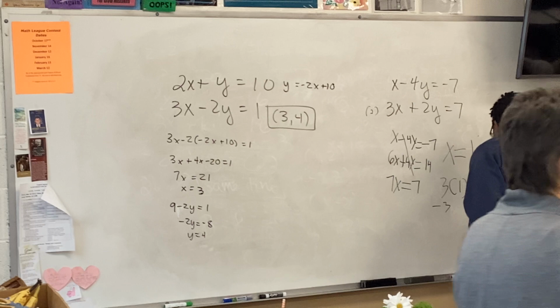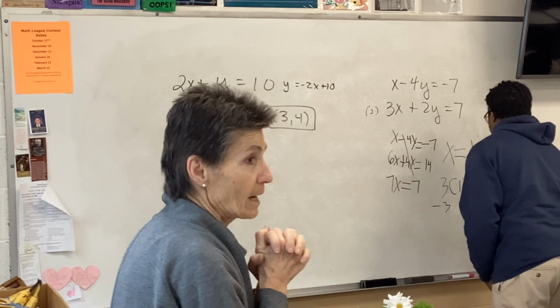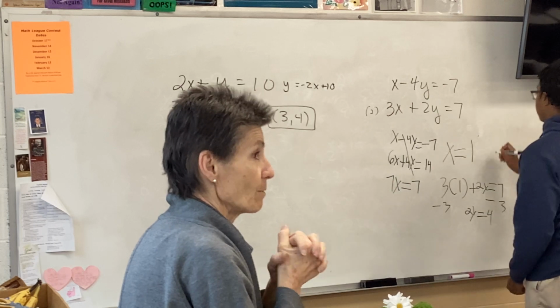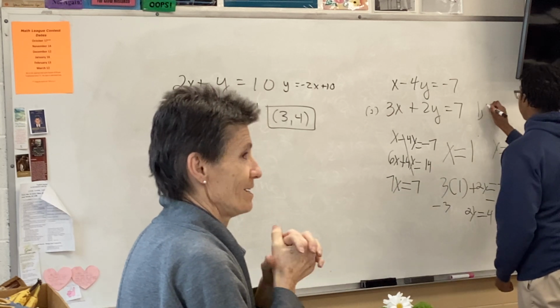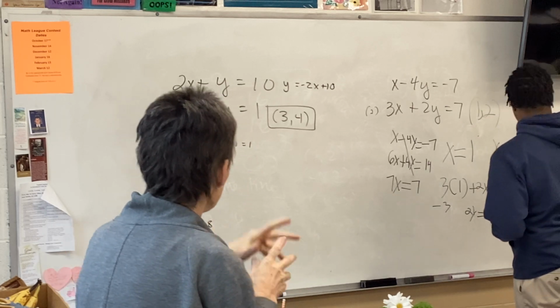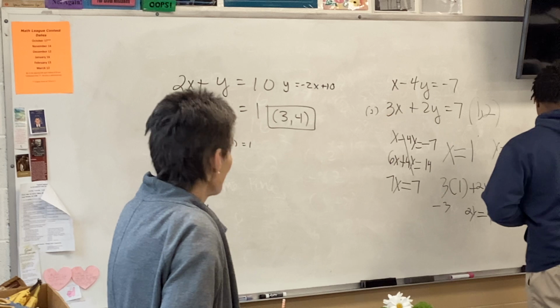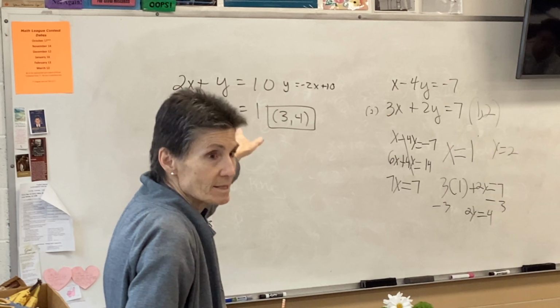Okay, Tegan got 3, 4. Is that right? Daryl says it's right, so it's right, okay. Does anybody have a question? She chose to get Y by itself in that top equation, which makes sense to me too.